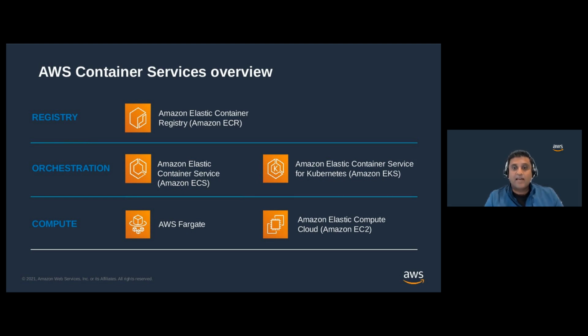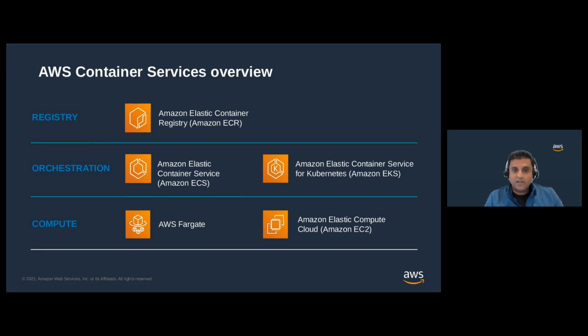Next, we have Amazon Elastic Kubernetes Service, or EKS, which is a fully managed Kubernetes service that provides the most secure, reliable, and scalable way to run containerized applications using Kubernetes. EKS runs upstream Kubernetes and is also certified Kubernetes conformant for a predictable experience. You can easily migrate any standard application to EKS without needing to refactor your code.